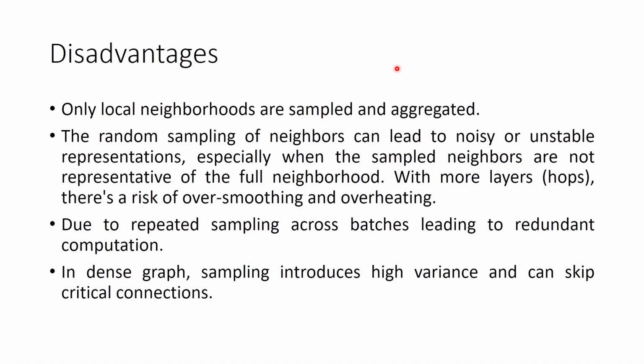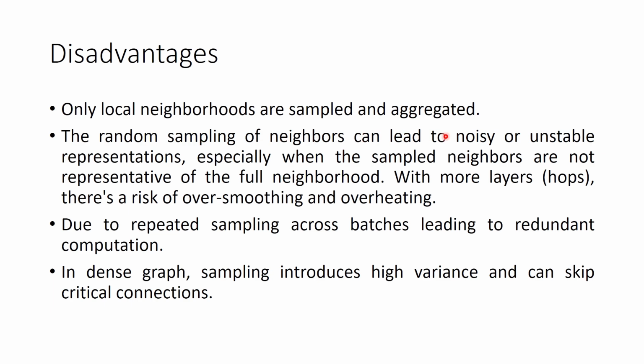So it will only take the neighborhood information. Let's say we have a much further node which may be important to the node we are interested in, but because it's too far, we cannot extract this information into our node of interest. So that becomes a disadvantage.